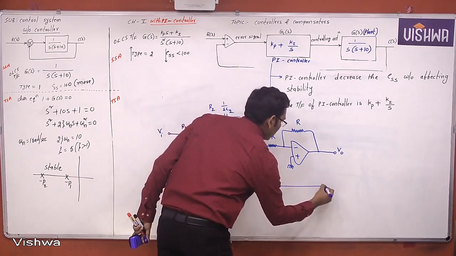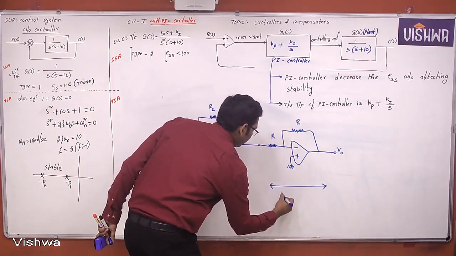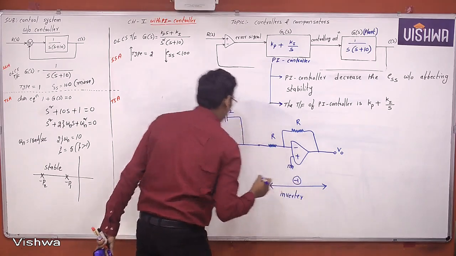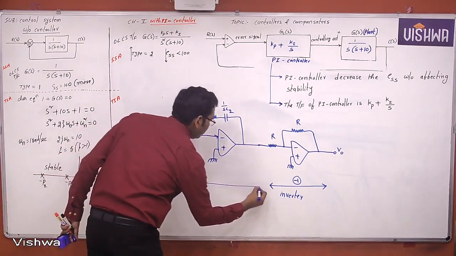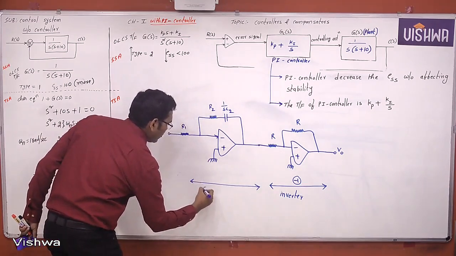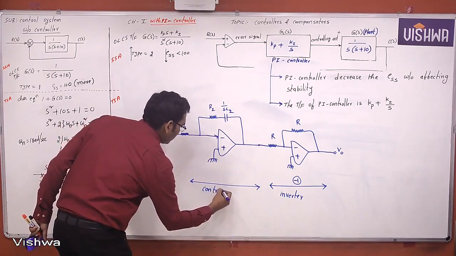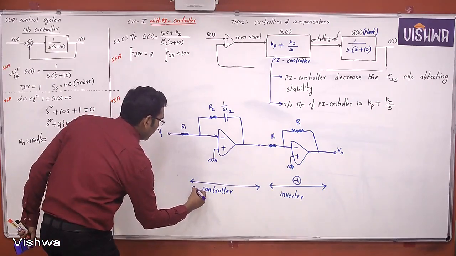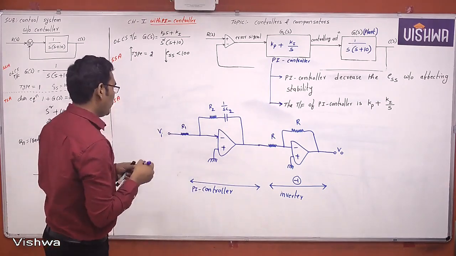The inverter portion produces -1, and this is the controller portion. You just cross check. Which controller? PI controller. So what is this transfer function?